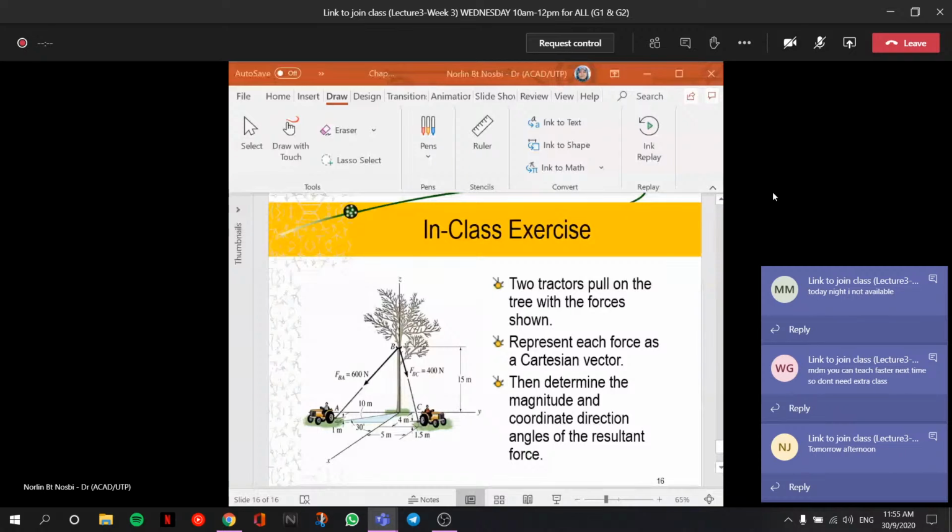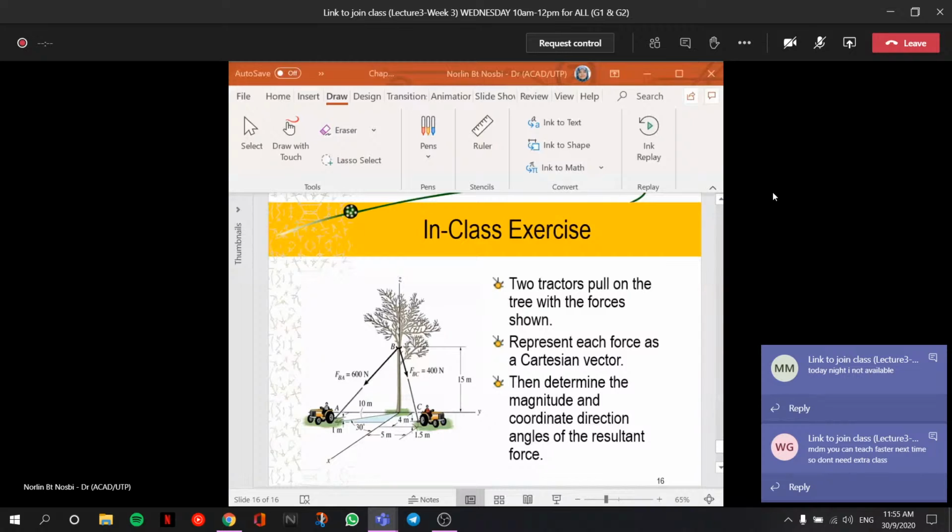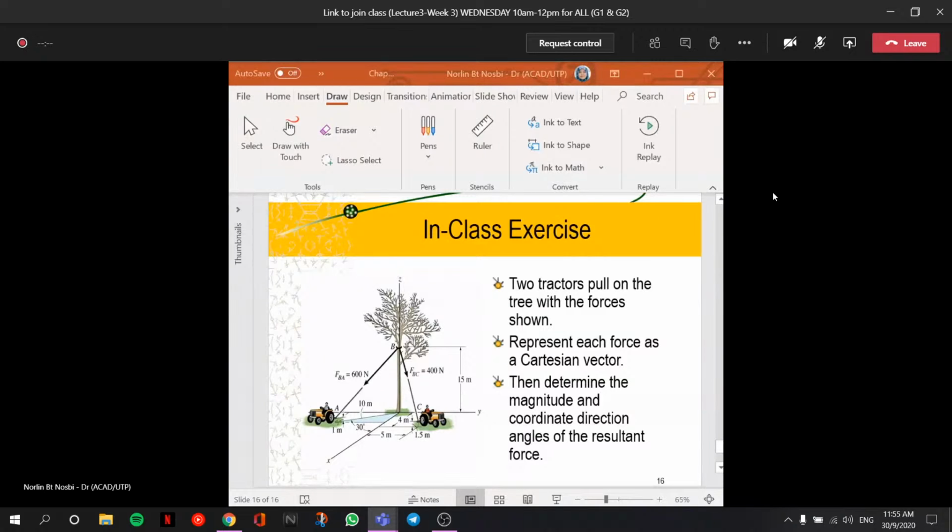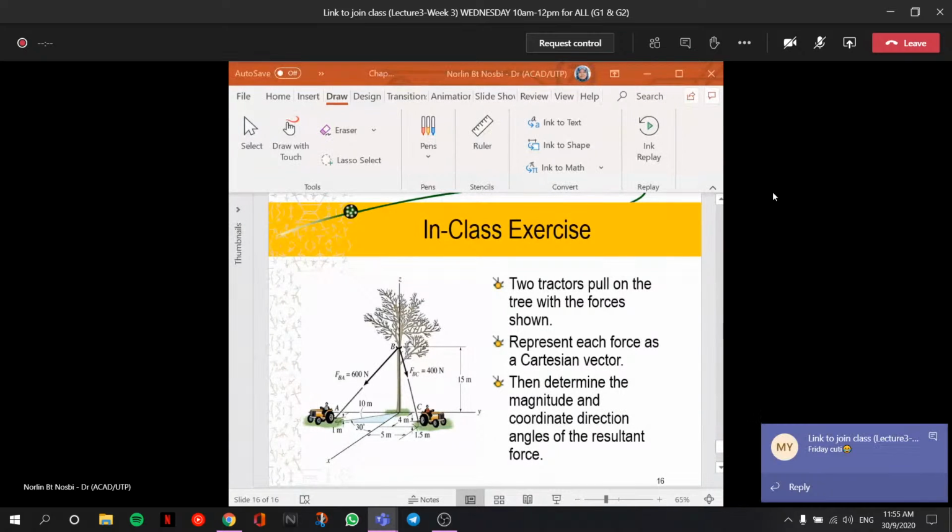Tomorrow night. Oh, no, Friday. How about Friday night? Is it okay? Friday night or Friday morning? Oh, you all have tutorial class. Friday cuti, why?